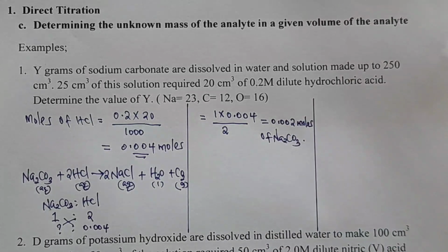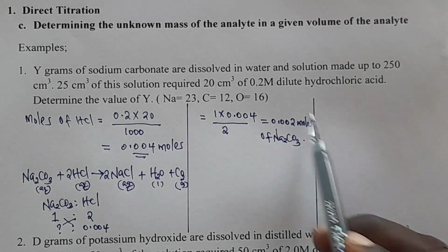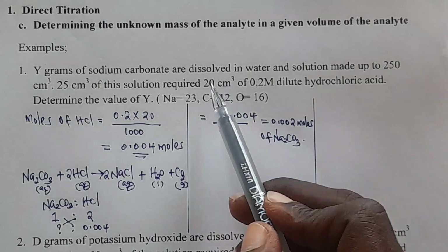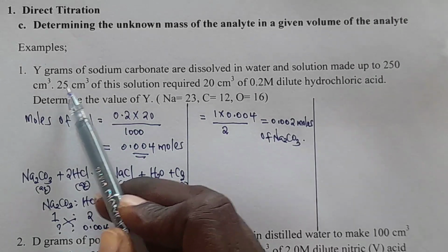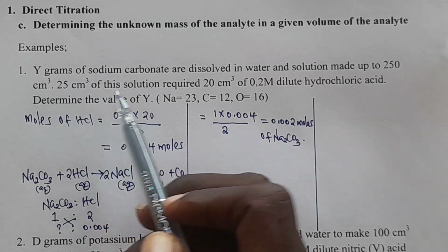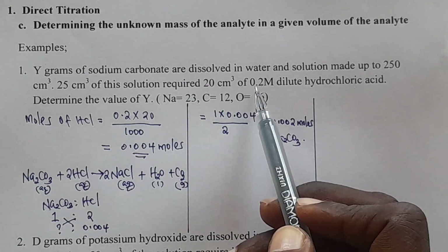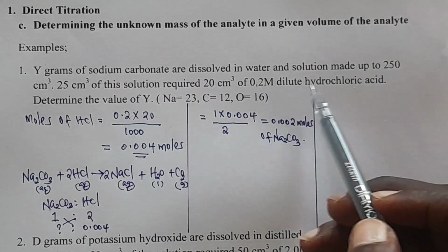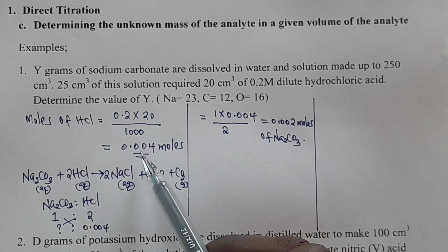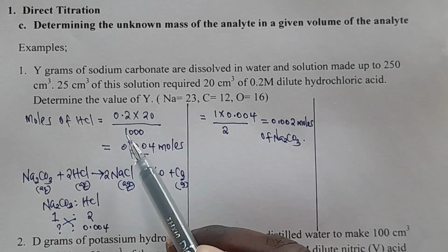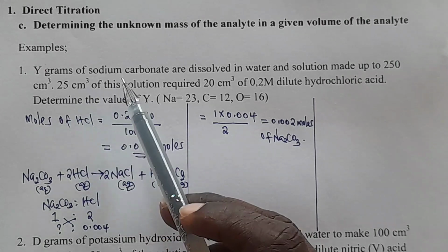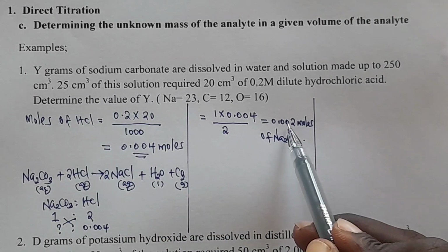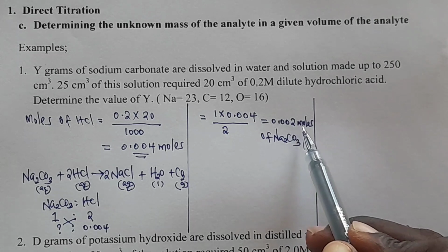So after that, remember, this number of moles of sodium carbonate is in 25 cm³ of sodium carbonate solution. Because we are told 25 cm³ of solution required 20 cm³ of 0.2 molar dilute hydrochloric acid. So that means in 25 cm³ of sodium carbonate solution, the number of moles is 0.002 moles.